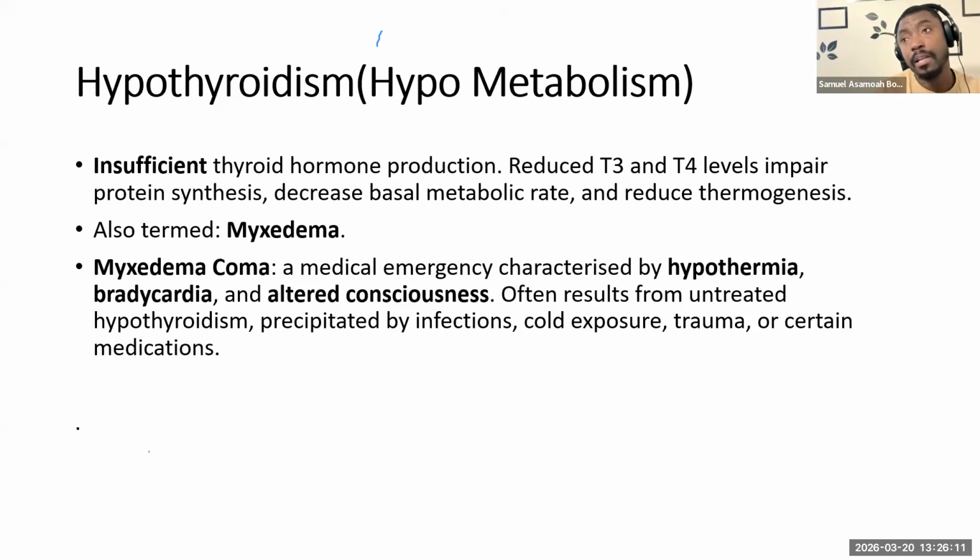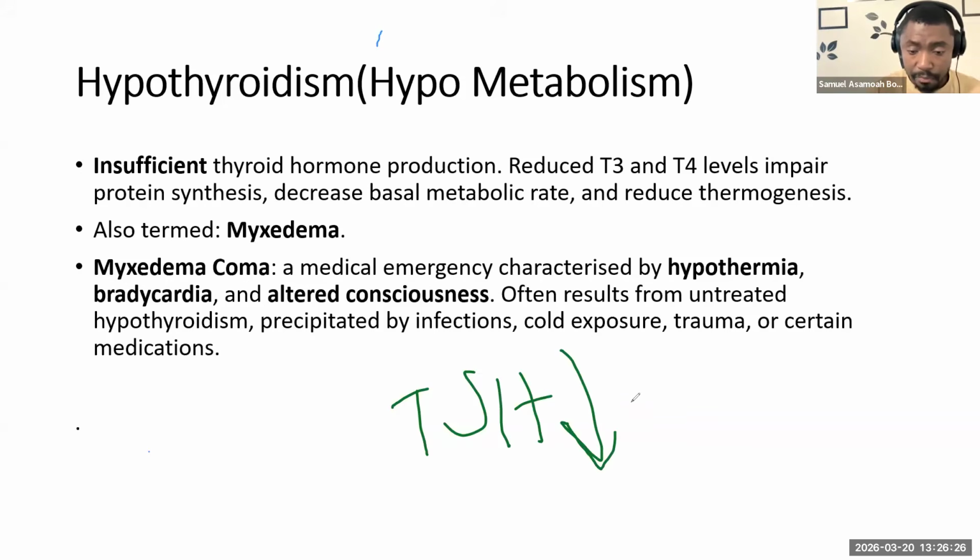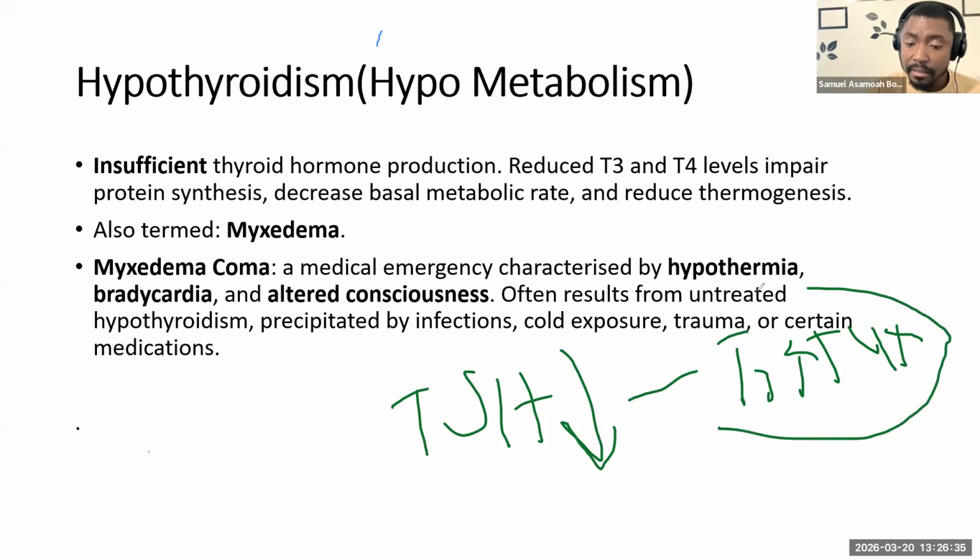It's the TSH. Normally, the TSH points us up there. So whatever the TSH is doing will help us know where the problem is coming from. So let me take this opportunity to teach you this. If TSH is down, in the case of hyperthyroidism, T3 and T4 will be high.